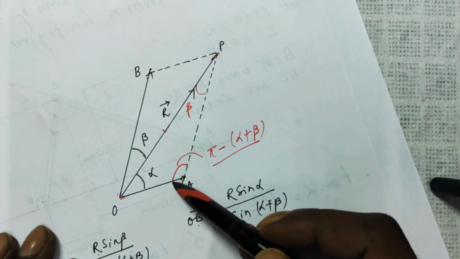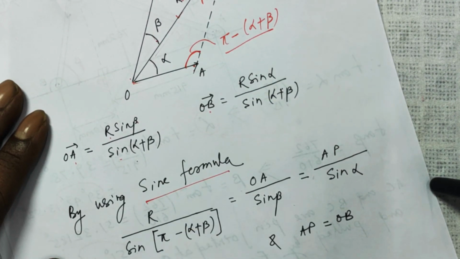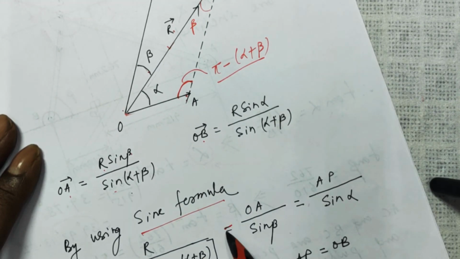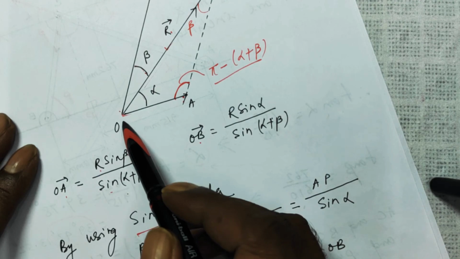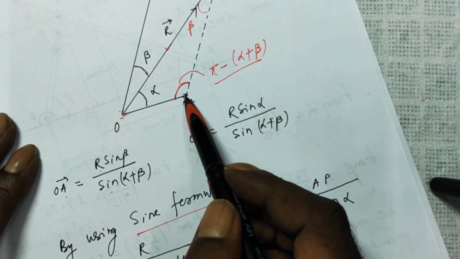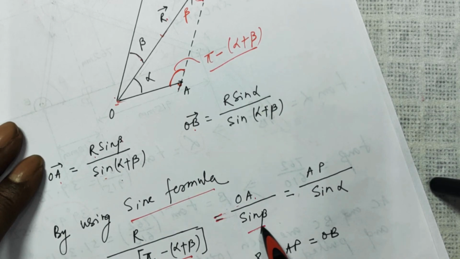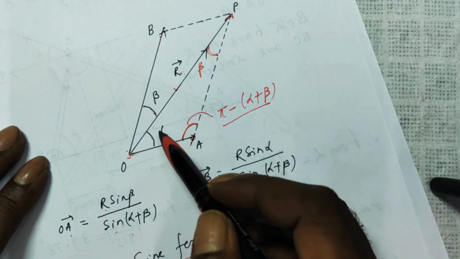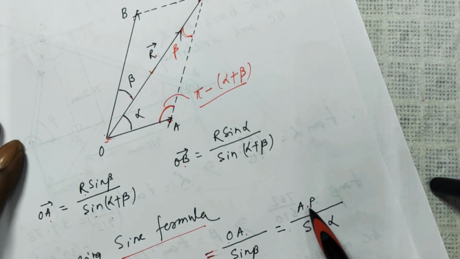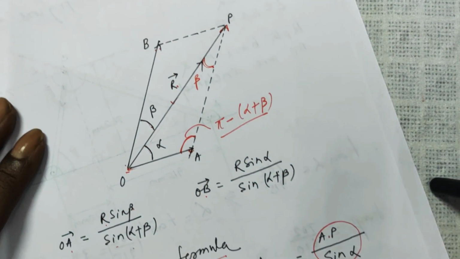R over sine of this angle is equal to OA over sine beta, which is equal to AP over sine of alpha. And your AP is the same thing as OB.